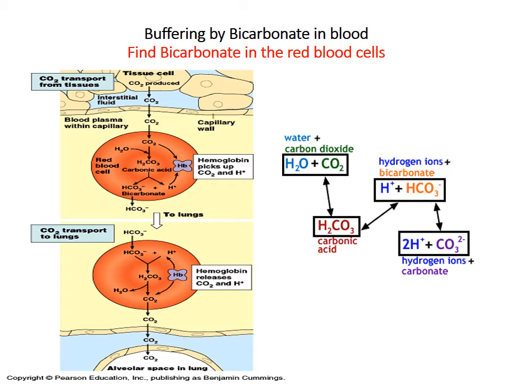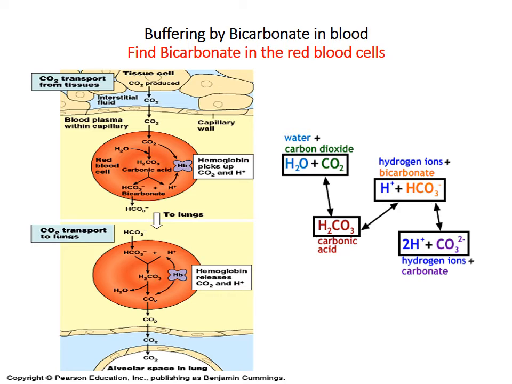And as you can see, what happens basically is, let's look at the diagram on the right. We have water and carbon dioxide. They come together and they form carbonic acid. So where would this happen in our bodies? Well, as your cells are undergoing cell respiration, they are giving off carbon dioxide as a waste product. And they have to get rid of that.